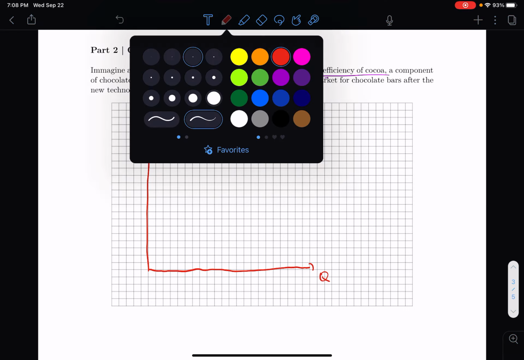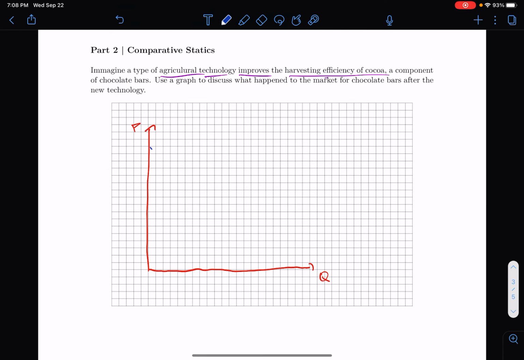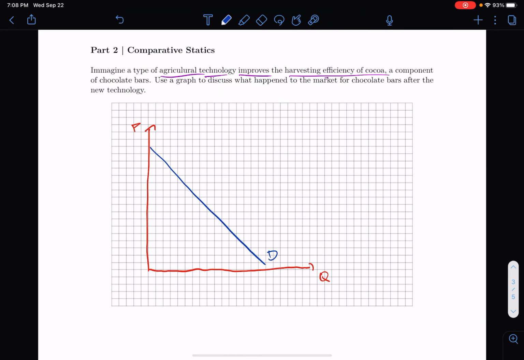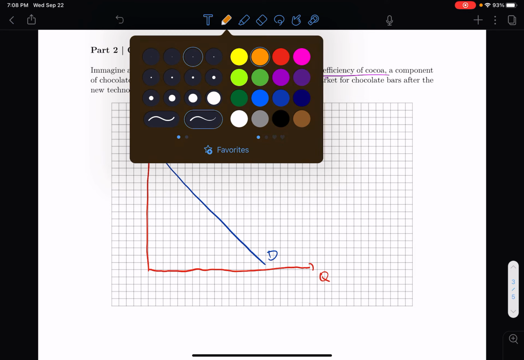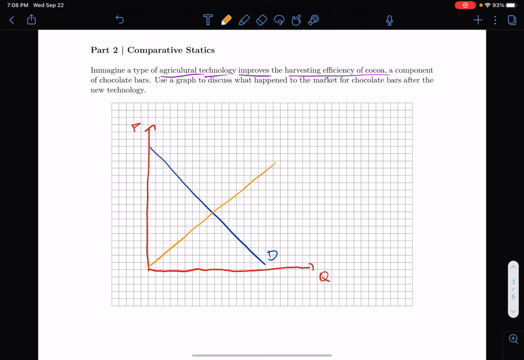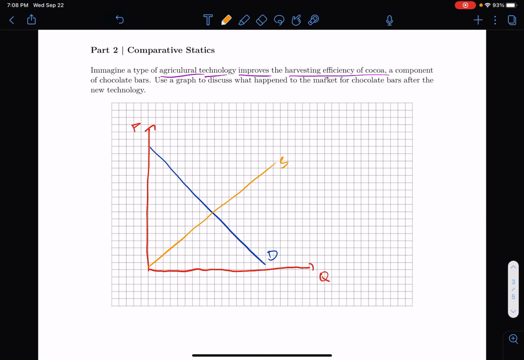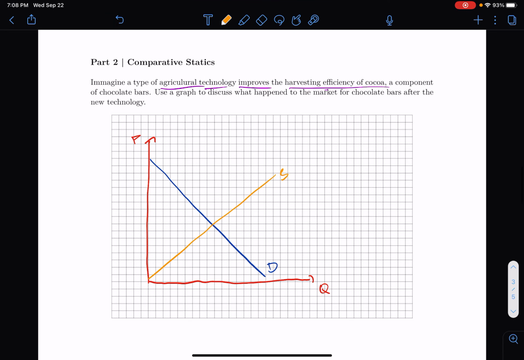Okay, so we have our downward sloping demand curve, our upward sloping supply curve, and let's identify whether it's the supply curve or the demand curve that is changing. So we know it's a technology which affects the efficiency of the harvesting of cocoa.